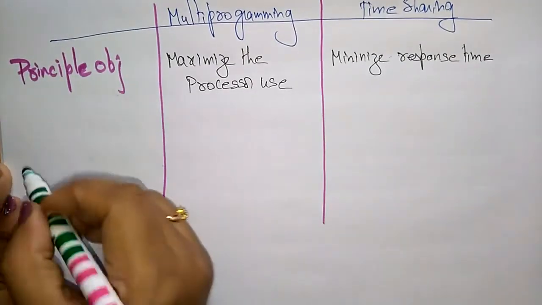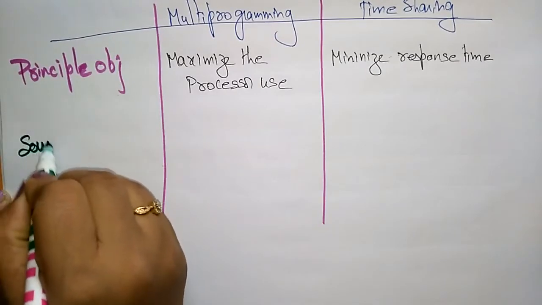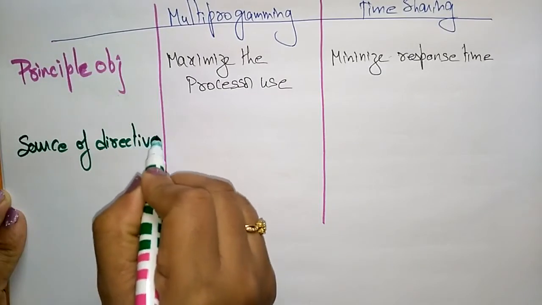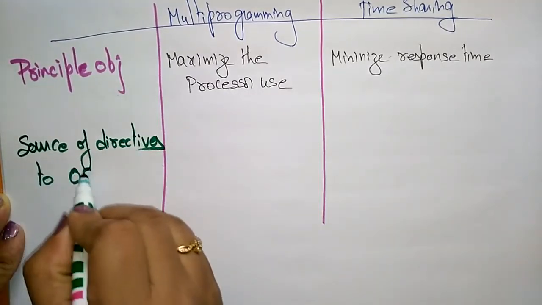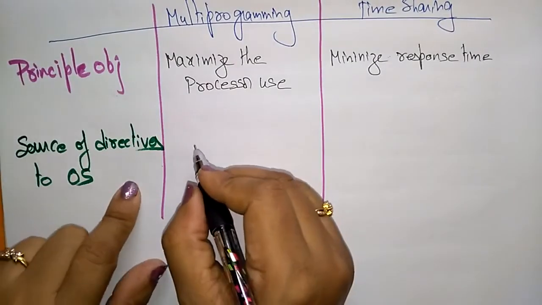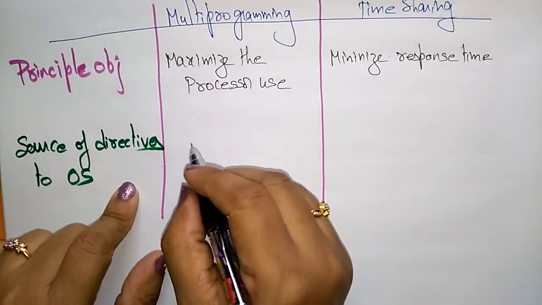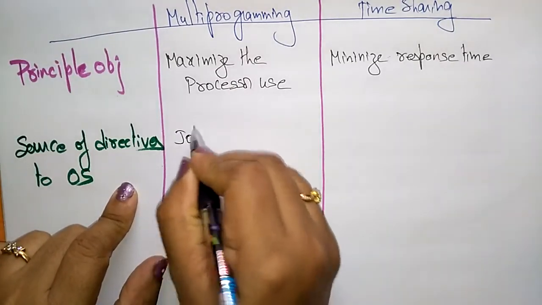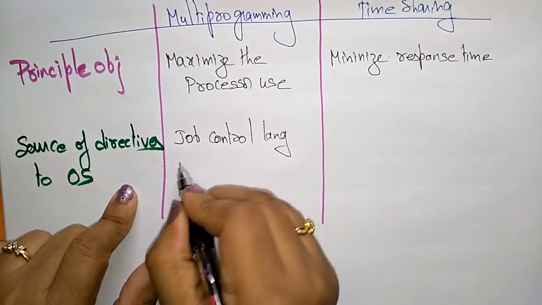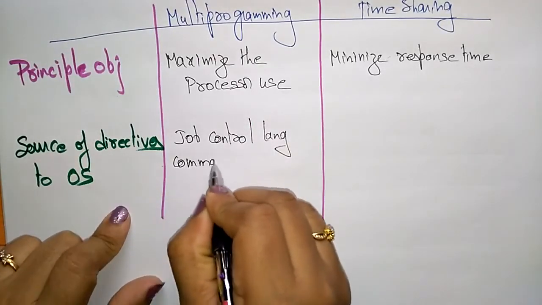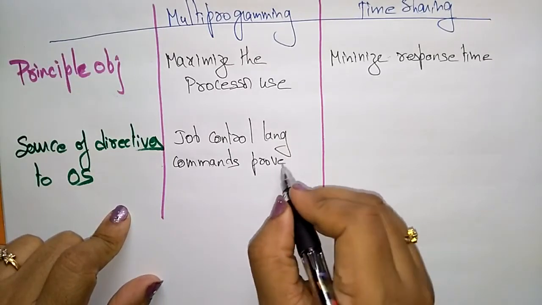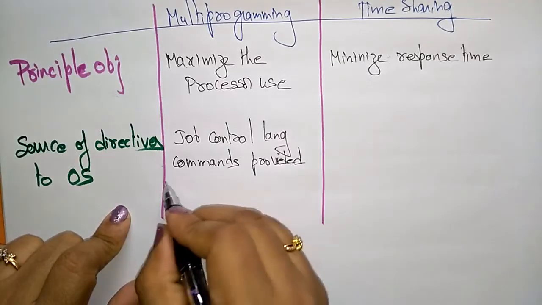Next, coming to the source of directives to the operating system. For multi-programming, the source of directives to the operating system are job control language commands, which are provided with the job.